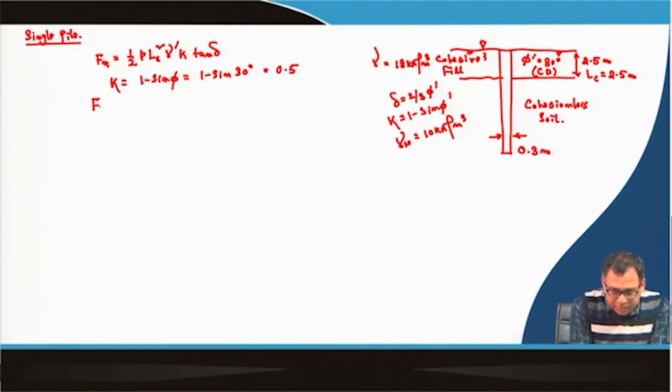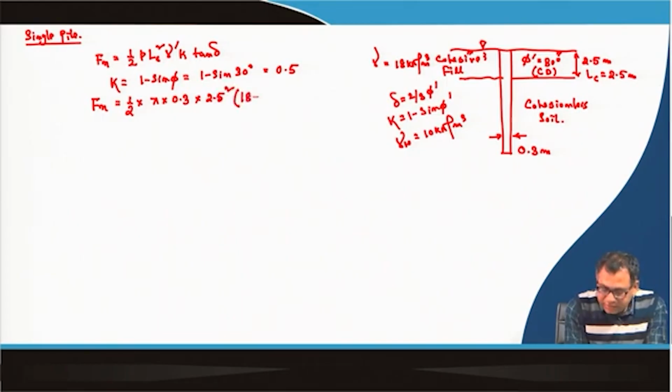So, finally, the K n value is half, perimeter will be pi d, which is 0.3, L C is 2.5 square, unit weight is 18 minus 10, because this is gamma sat, 18 minus 10, then K value is 0.5 into tan delta.